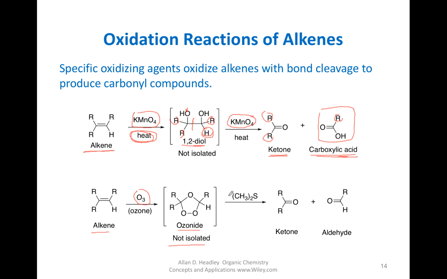React this with dimethyl sulfide, it breaks the bond to get a ketone, and in this case, notice the difference, we have the aldehyde which maintains that H. So two different oxidizing agents breaking the carbon-carbon double bonds, but producing different products based on what's bonded to the carbon of these bonds.